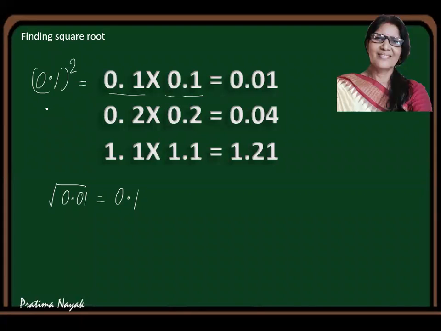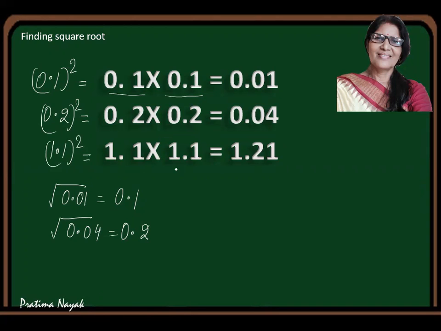Coming to the second one, 0.2 square is equal to 0.2 multiplied by 0.2, you get 0.04. So the square root of 0.04 is equal to 0.2. And 1.1 square is equal to 1.1 into 1.1, this is 1.21.